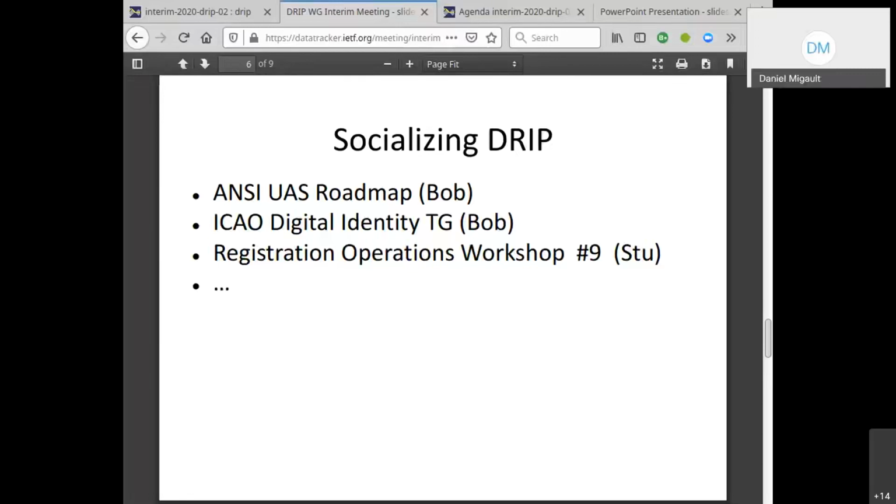For anyone who's not familiar, ICAO is the International Civil Aviation Organization, and their members are nation states, of which there are 193 currently.